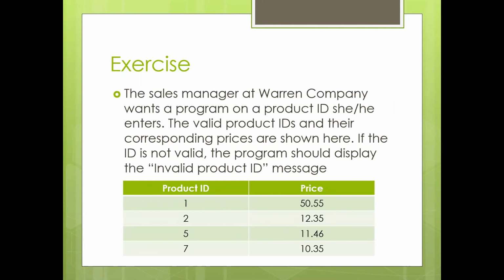So this is the example question that you can apply switch case statement. Okay, so dia boleh buat dua sebenarnya. So exercise ni you boleh solve menggunakan if else dan juga you boleh solve menggunakan switch statement.